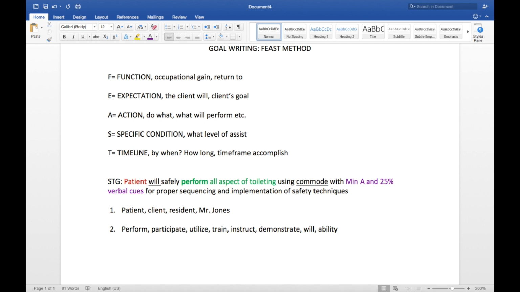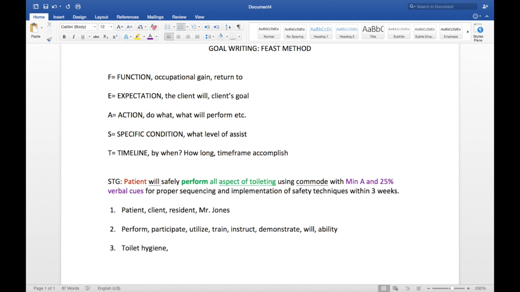But if we were to go back to how we used to do things, and we were to write this in, you can simply just add within 2 weeks. Nowadays, it seems like progress notes aren't due until about 3 weeks. So we'll say within 3 weeks time. Okay, so that's your time frame. So like I said, you have FEAST, which has all your key elements. It may not be specific to how the FEAST is structured, but for your sentence structure and to make sense when you're writing, you want to make sure everything's included.